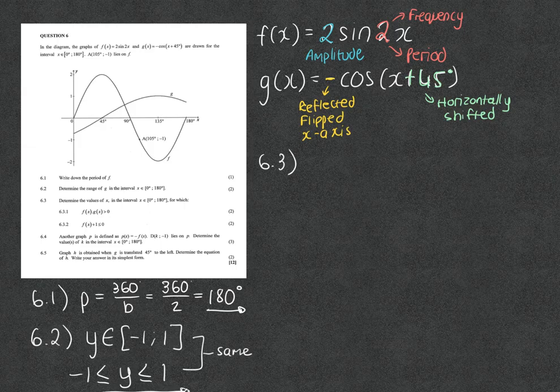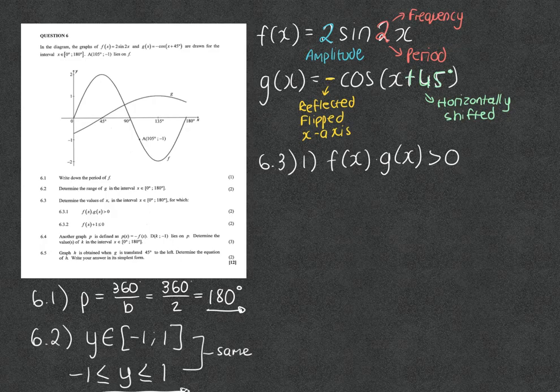6.3, determine the values of x for which, in the interval of x is an element of 0 to 180, for which... okay, now what we're going to do here, we do this in our paper 1 graphing section. When we get a question and it is f of x times g of x greater than 0, we are looking for where the product of the two y values of the graph gives you a positive answer.